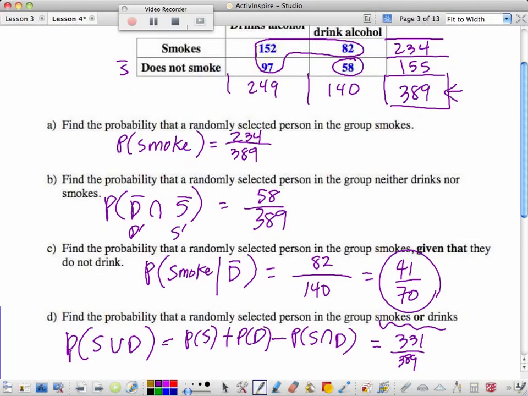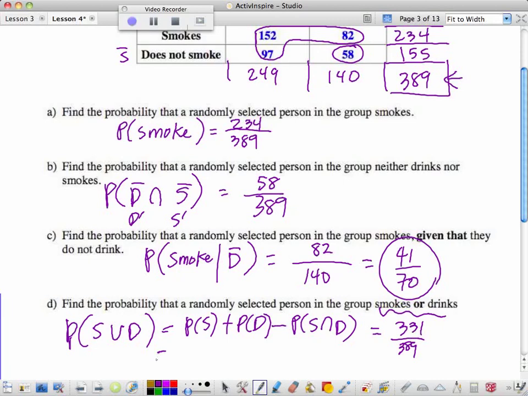If I'm filling this out, though, right here, I would have put 234 over 389, plus probability of drinkers, that's 249 over 389, and then minus my intersection, which is 152 over 389.